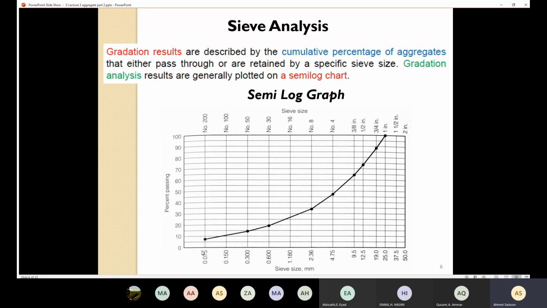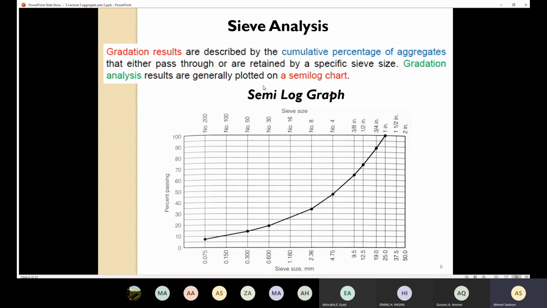This one represents sieve number 200, and this one here represents the 2-inch sieve. Okay, so now I need to determine the percent passing. We'll learn how to do that, and here I'm going to show you an example of how to determine the percent passing. So I need to create a relation between the percentage passing and the sieve size.